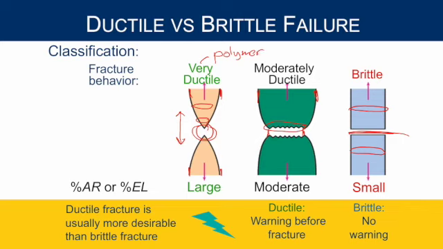More of a moderate change in cross-sectional area and kind of a ripping of the material until it separates at the edges, pulls apart. This would be a metal. And then the last one with no change in cross-sectional area, sudden fracture, no warning. This would be a ceramic type material.